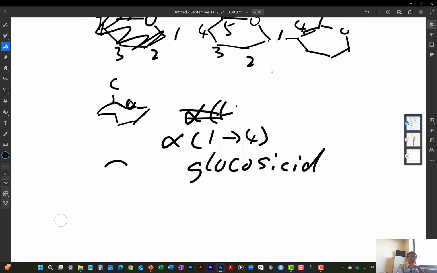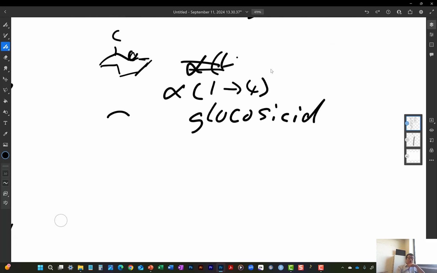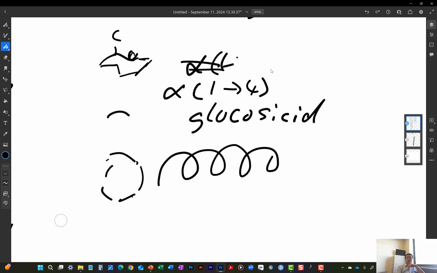Just imagine curved glucose units connecting one after another, so starch is a helix structure.